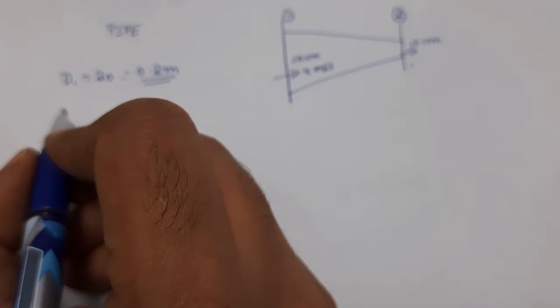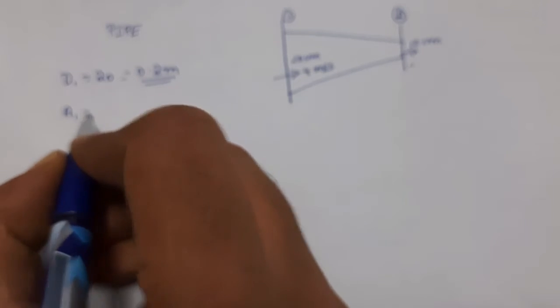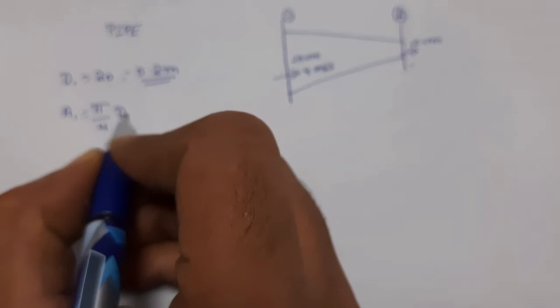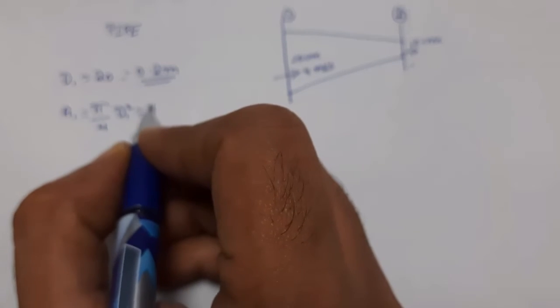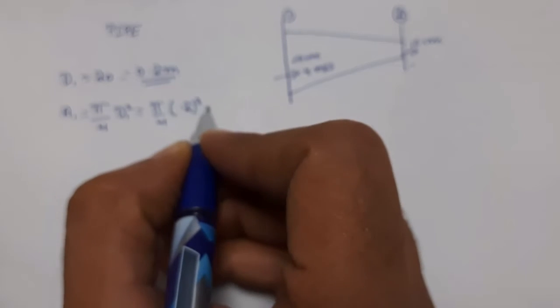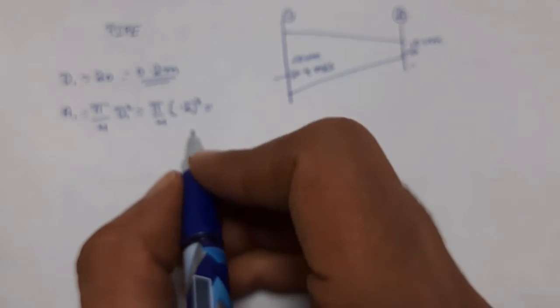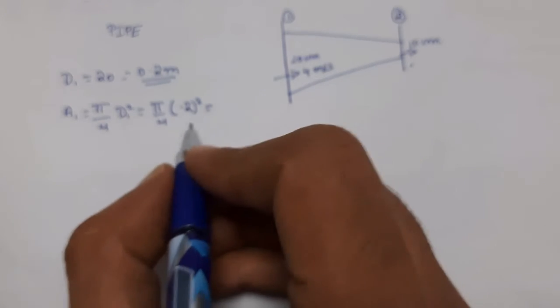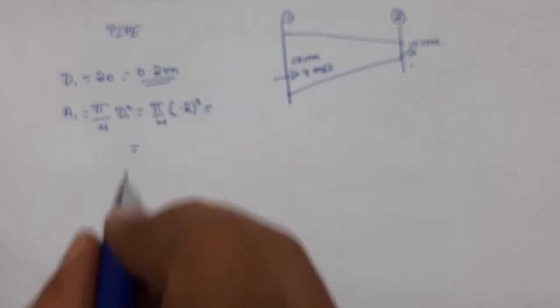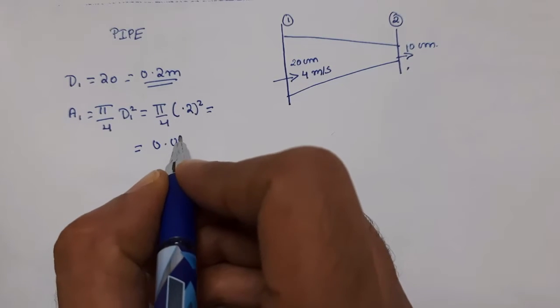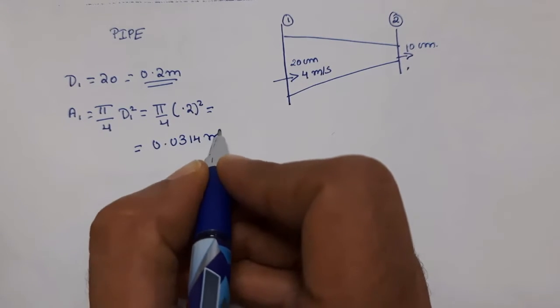Then definitely area of this section is nothing but pi by 4 d1 square, that is equal to pi by 4 into 0.2 square. When you calculate this, you will get the value as 0.0314 meter square.